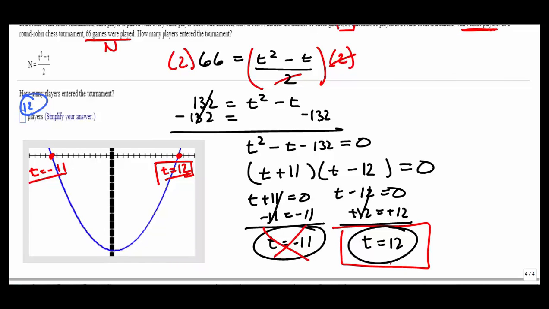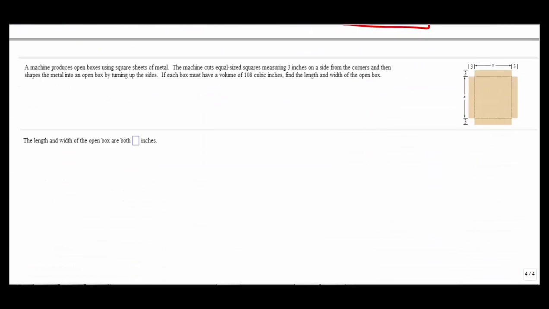Now the next problem that we're looking at here involves a diagram, so that's really nice that they provided this to us, because this is kind of a little bit of a complicated question. Basically we have a square piece of sheet metal, the corners are cut out, and when I cut these corners out, I fold them up, these sides up that they're showing here, and it creates a box without a top. So we need these boxes without a top to have a volume of 108 cubic inches.